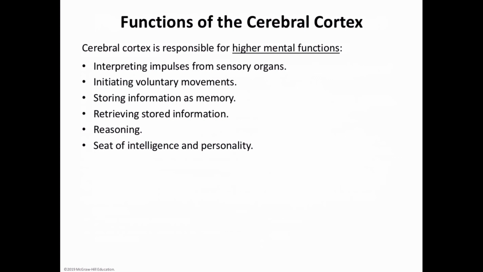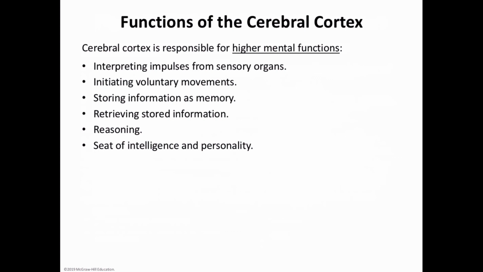What I'm getting at here is it interprets those impulses from our sensory organs, initiating voluntary movements. It stores information as memory. It retrieves that stored information, and of course allows us to reason and have that seat of intelligence with personality.